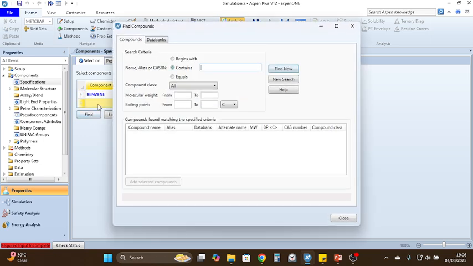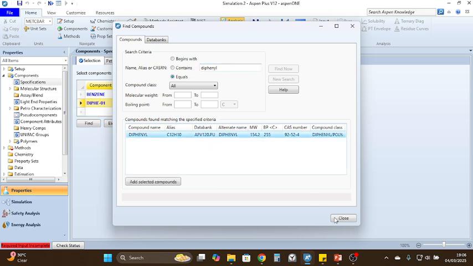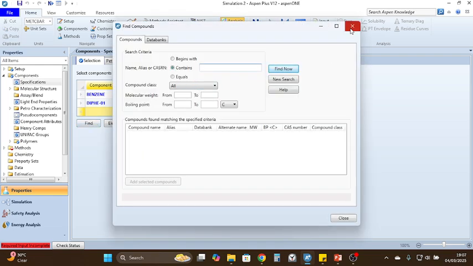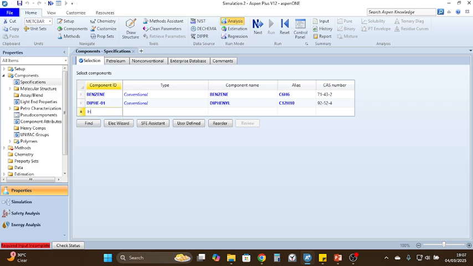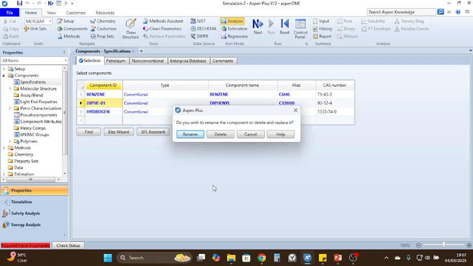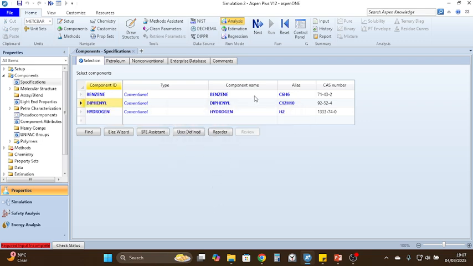Next is diphenyl, and last is hydrogen. Now the components are specified.